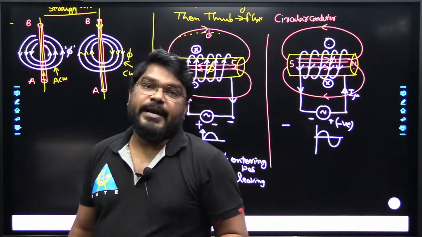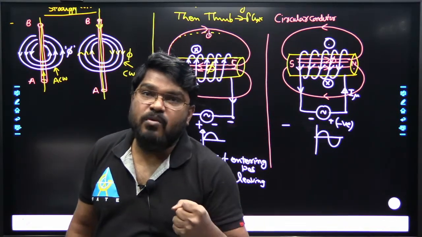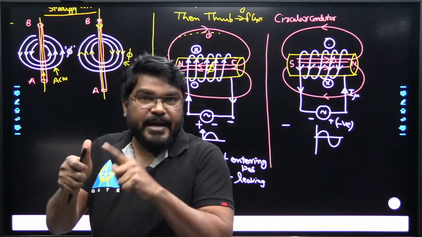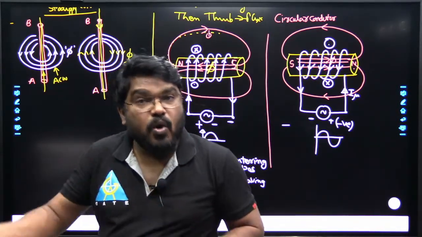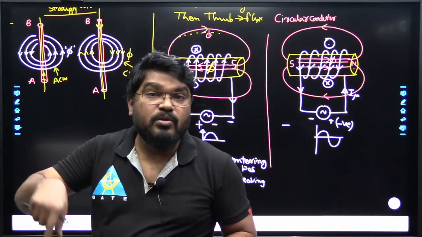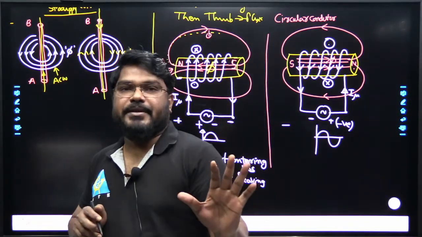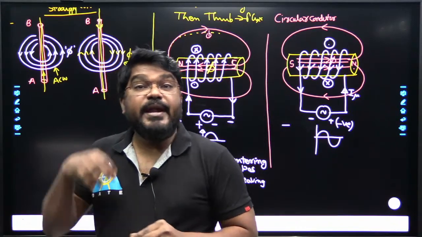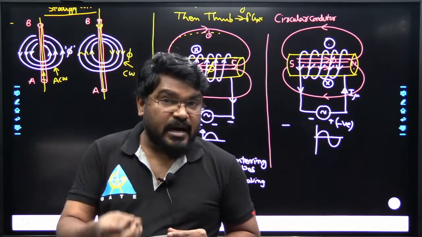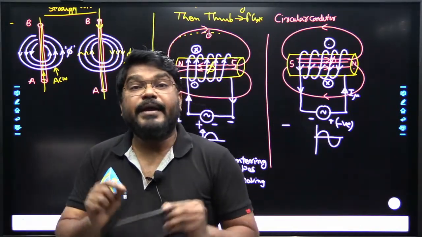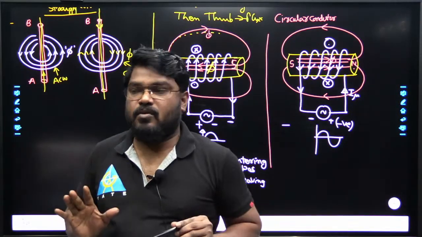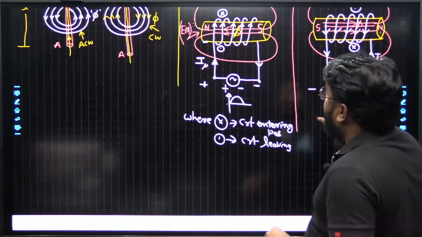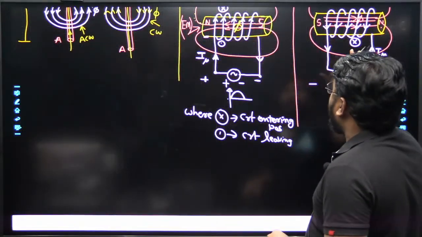In case of the straight conductor, if the thumb indicates current direction, then the orientation of the fingers around the conductor indicates flux direction. But in case of the circular conductor, if the orientation of the fingers indicates current direction, then the thumb indicates flux direction.